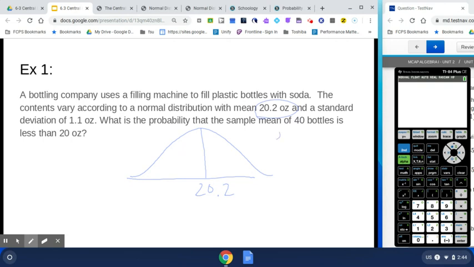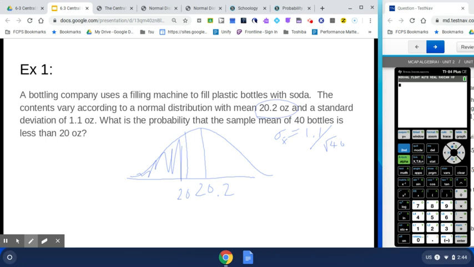The standard deviation is 1.1 for just one bottle, and we're finding the probability that the bottles will have less than 20 ounces in them. We're going to take that standard deviation and divide it by the square root of the sample size, which is 40, and that's going to give us the standard deviation of the sample means.